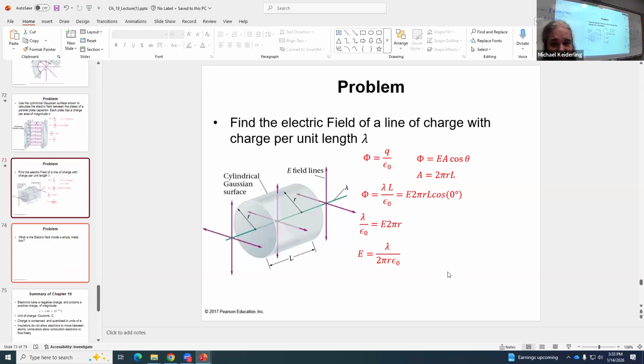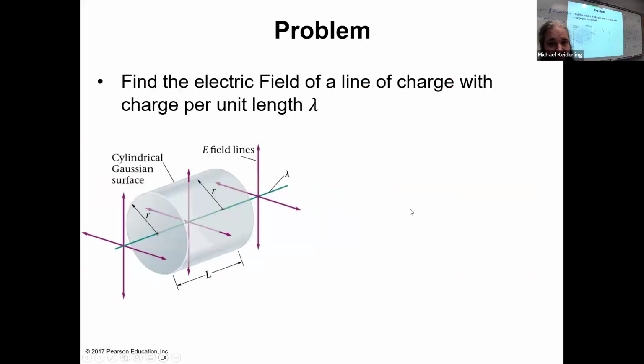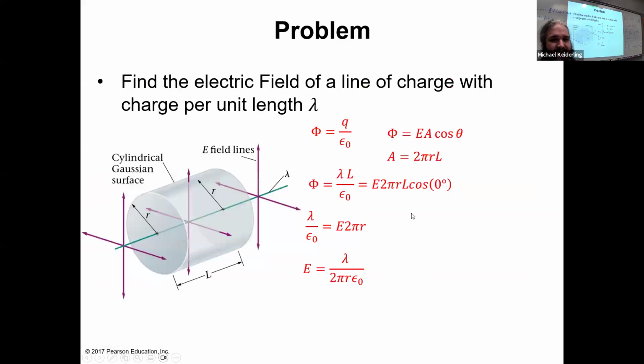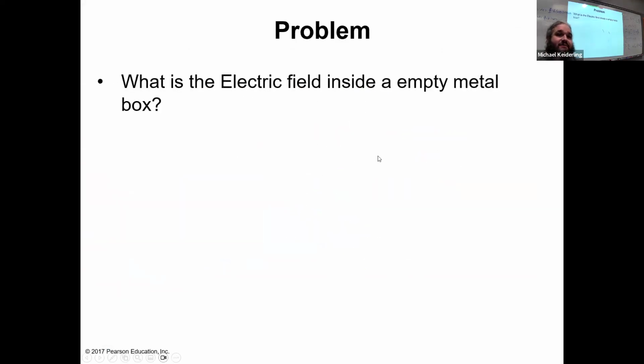Oh, actually, we have one more problem in chapter 19. We might as well just finish it. So what's the electric field inside an empty metal box? If it was charged, it would be strongest at the corners, but we're inside this metal box. The charges will move around on the surface to make the conductor have 0 electric field inside it.